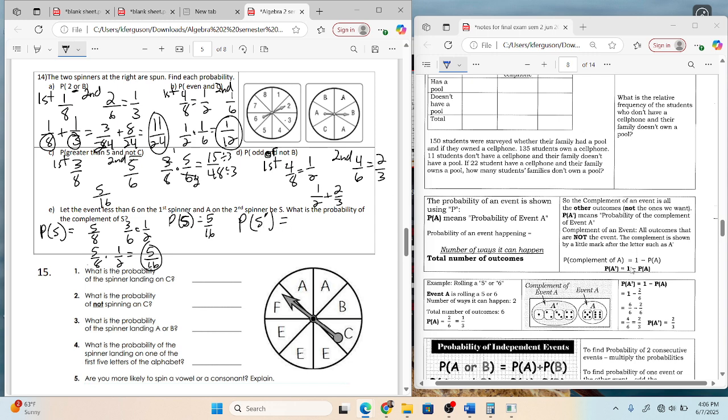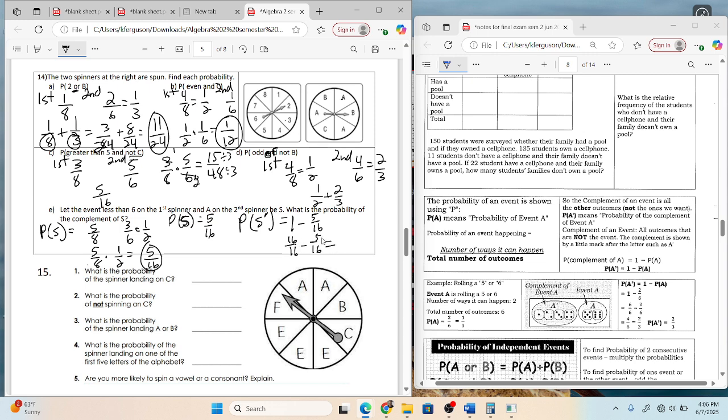And so the way you find a complement is you take 1 and subtract the probability of your event. So the probability is 5 over 16. So I need to say 1 minus 5 over 16. I need a common denominator. So I'm going to choose 16. So that's still 5 over 16. 1 is going to have the same number on top and bottom, so 16 over 16.